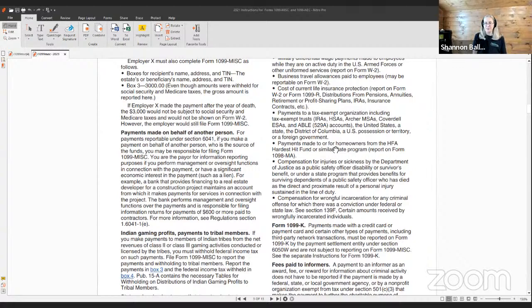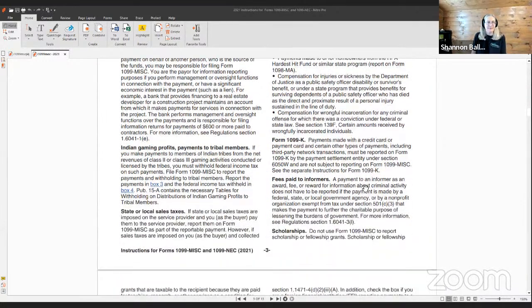The bank opens up a construction line of credit in which, when certain development stages are hit, the contractor or the property developer can submit a draw request, and the bank will then verify that the construction objectives have been met and everything is going according to plan. And then the bank is required to send a 1099 to the subcontractors and not the construction or the development company.